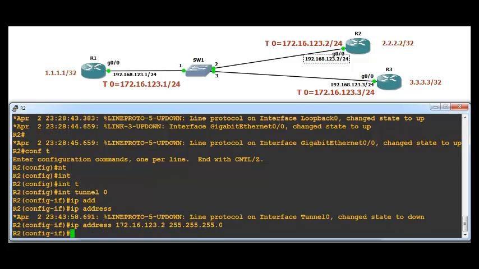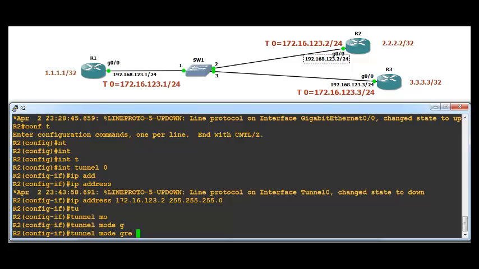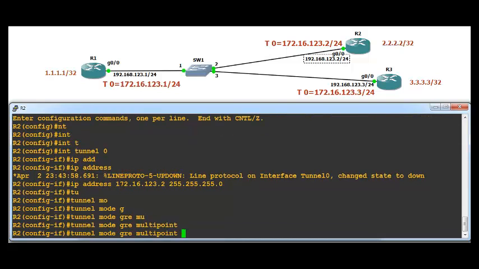Let us put all the common commands, whatever you configured on the hub, first. As I already told you, the tunnel mode is GRE multipoint. This is a common command on all 3 routers.